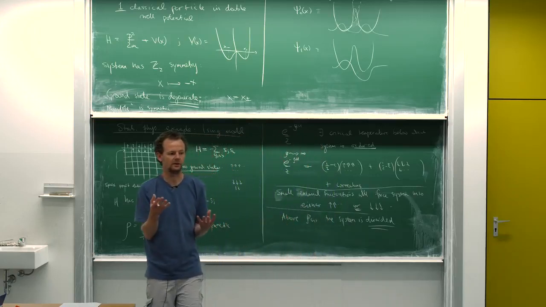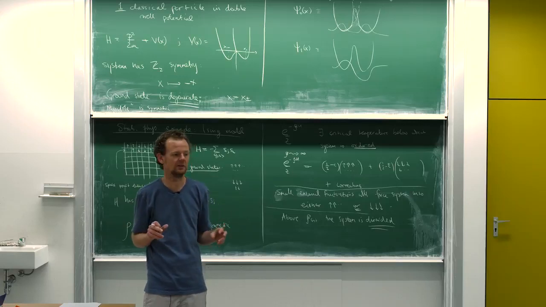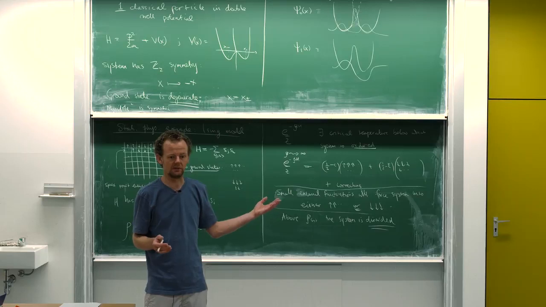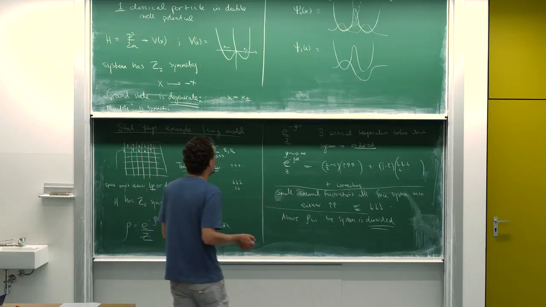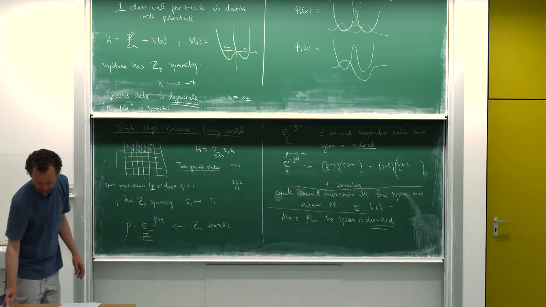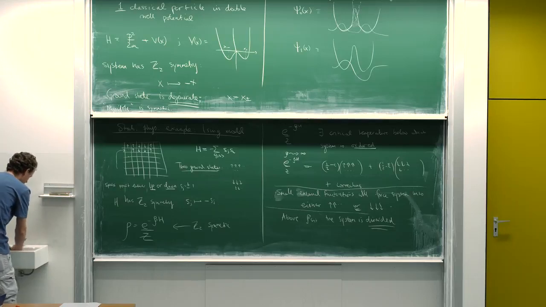The magnet is just a bunch of independently fluctuating spins, and that also has Z2 symmetry, but a magnetic field doesn't break that symmetry. A small fluctuation won't break that symmetry in the same way that it did here. It'll slightly magnetize the state, but it won't select one of two possible configurations. That's the second example of this thing called symmetry breaking.